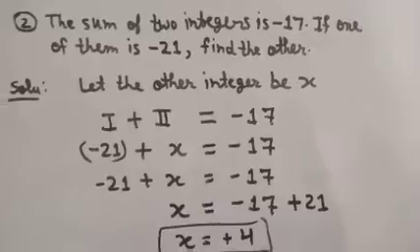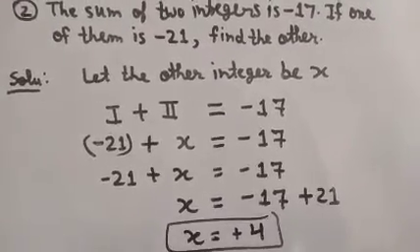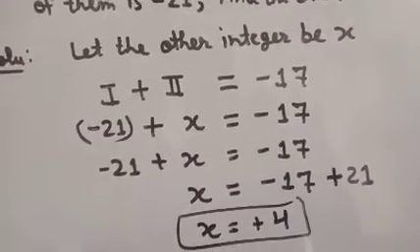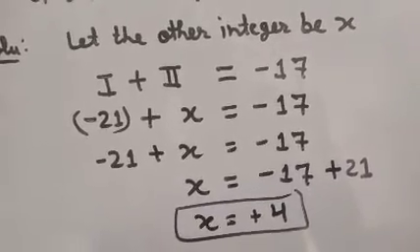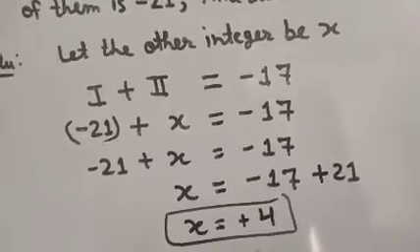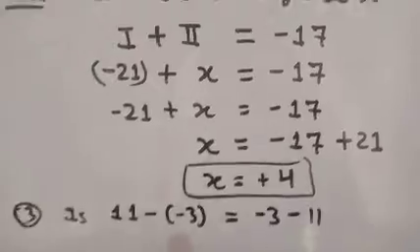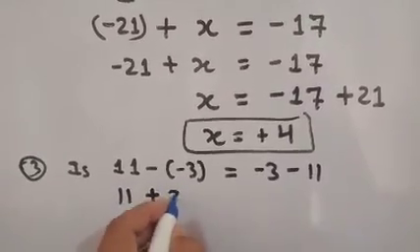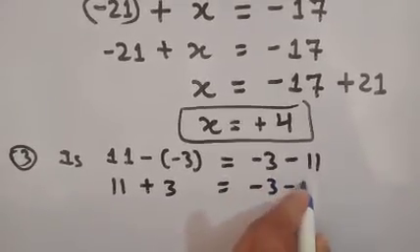So now, one question for you: is 11 minus 3 equal to minus 3 minus 11? Both sides should be equal. Check here. 11 minus 3 and minus 3 minus 11.